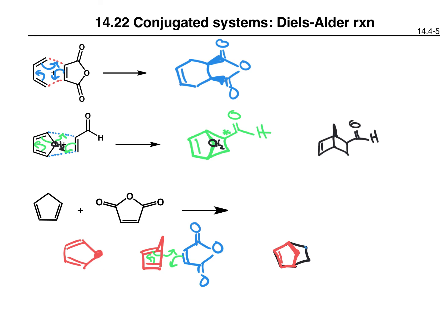And then this was our dienophile. Because it starts out cis, it ends up cis. So we end up with three rings in our product. This is what came from our diene, this is what came from our dienophile, and these are the new bonds in black. These are the new sigma bonds that formed.